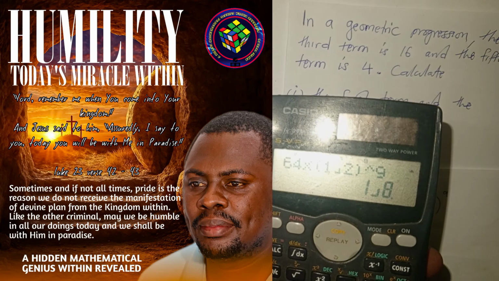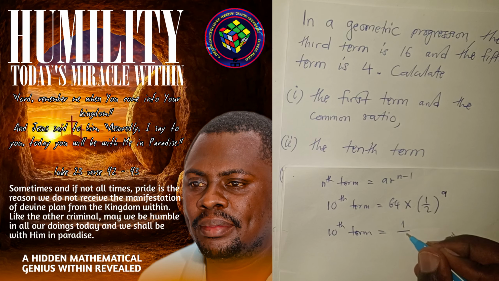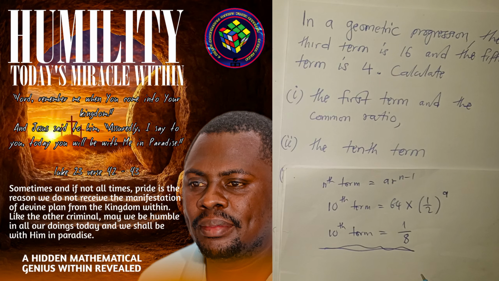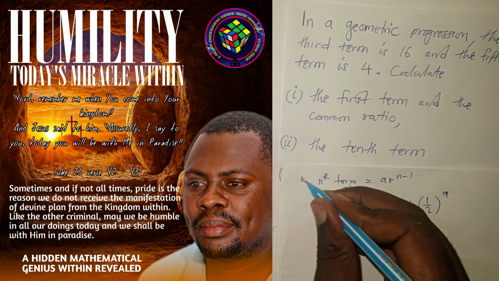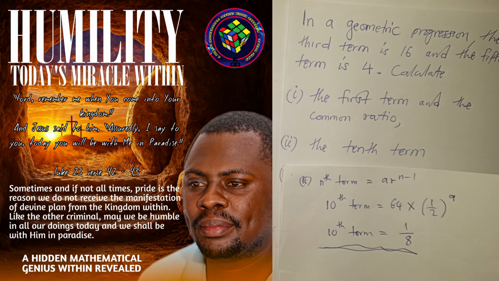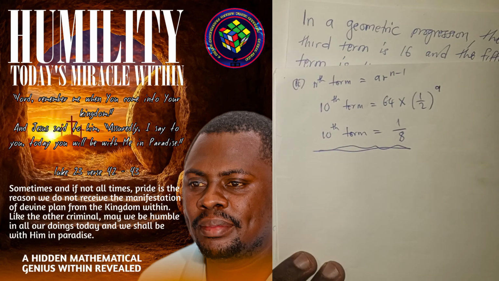So that is 1 over 8. So the 10th term is 1 over 8. That is the second question. The third question, the sum to infinity. This one is also simple.